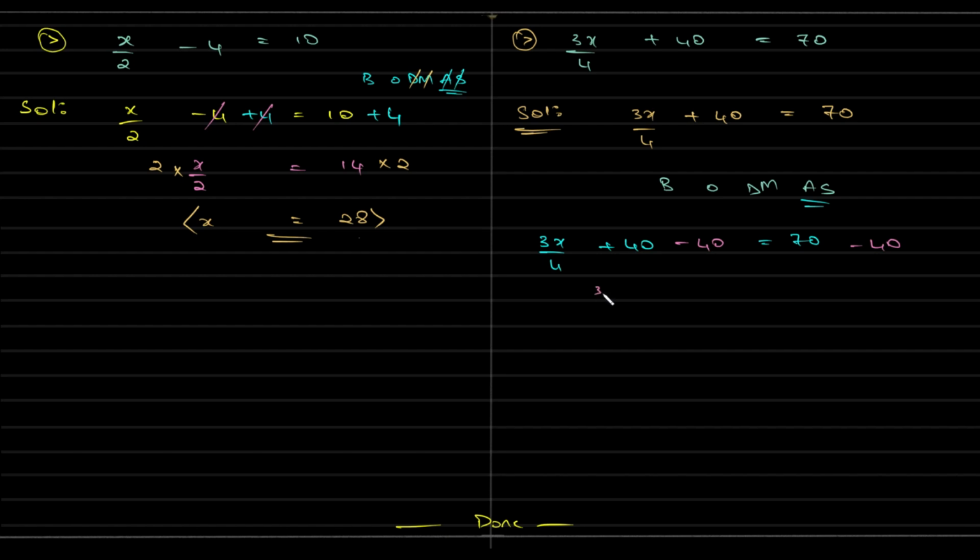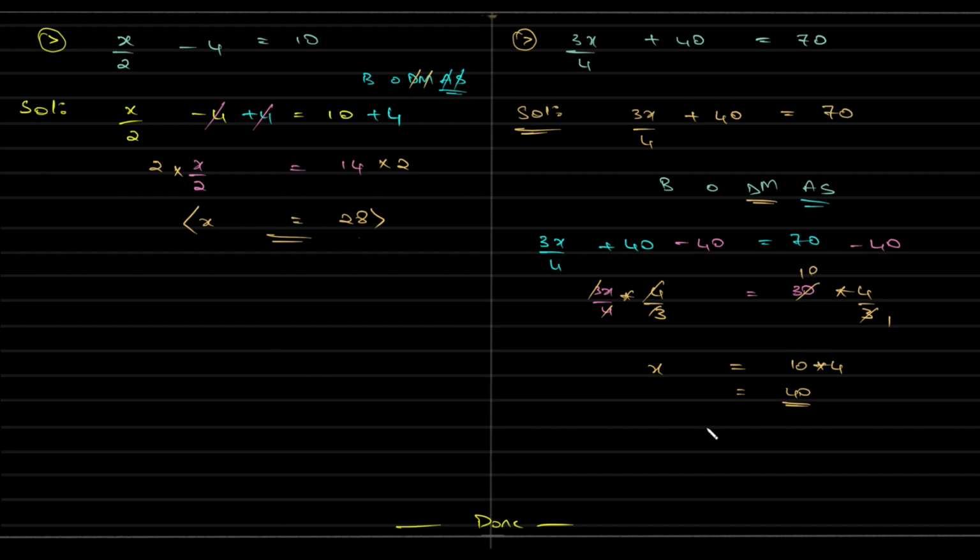So we have 3x by 4 is equal to 30. Now, with multiplication and division, what should I do? I'll multiply with 4 and divide with 3. Same thing on the other side. So 3 gets cancelled, 4 gets cancelled. x is equal to 3 ones are 3, 10s are, so 10 into 4, that is 40. Right? So that's your answer.